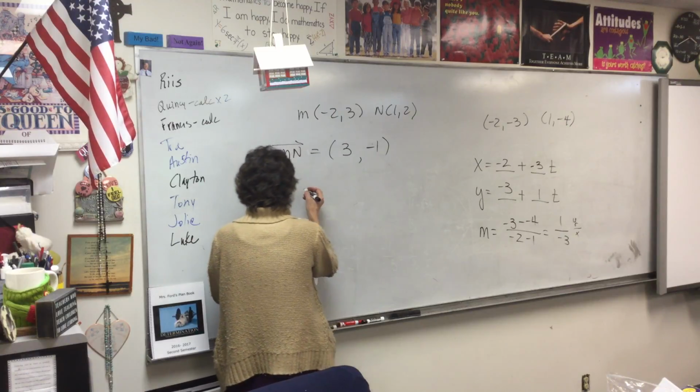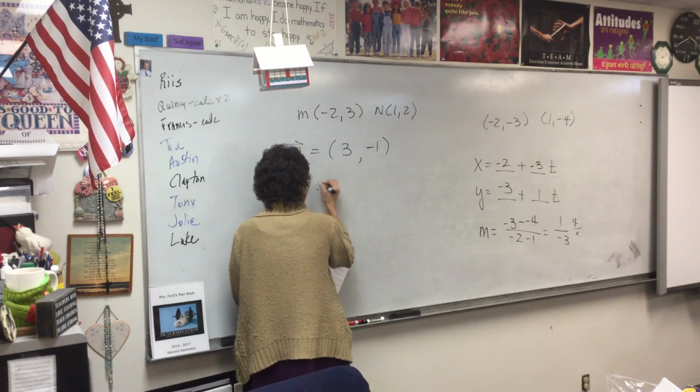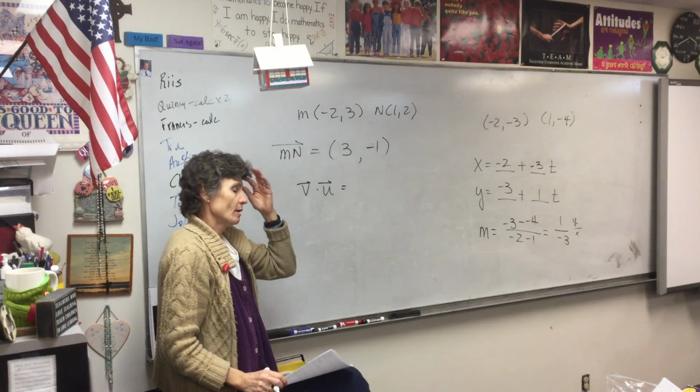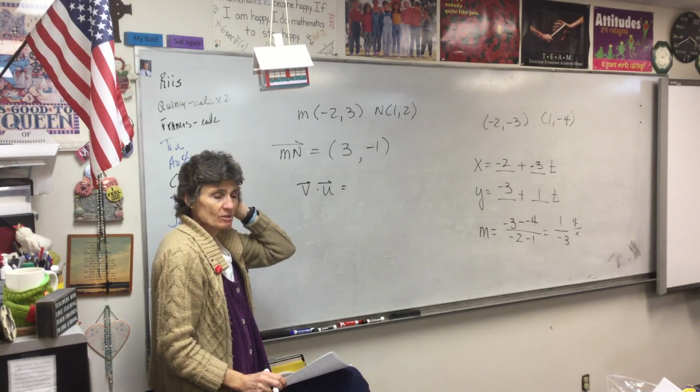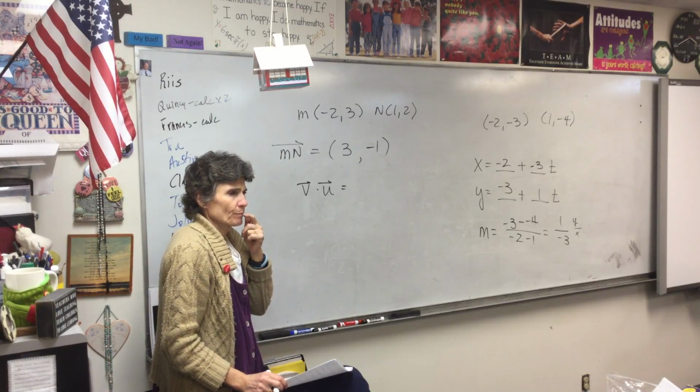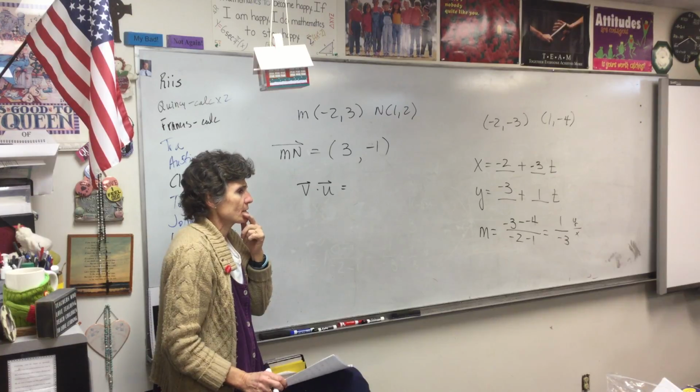All right, now we're on to part 2. Lots of questions here. We want to find V dot U. All right, now take a minute. I know all this is jumbled up in your head. Take a minute and see if you can sort it out. V dot U. Who remembers how to do the dot product?